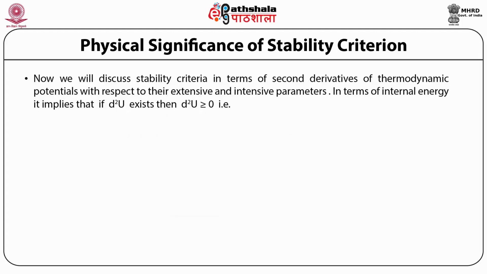Now we will look at the physical significance of these stability criteria. Let us discuss these stability criteria in terms of second derivatives of thermodynamic potentials with respect to their extensive and intensive parameters. In terms of internal energy, it implies that if d2U exists, then d2U is greater than or equal to 0.